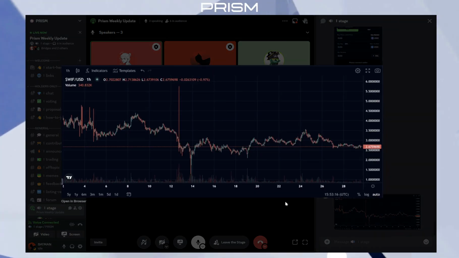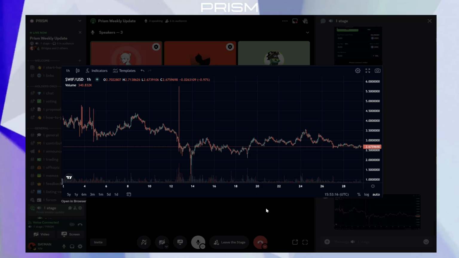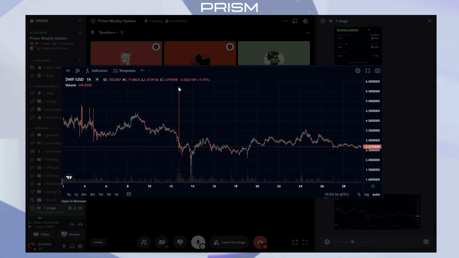If you open the chart that I just pasted, you can see that on about the 12th of April, there was a big wick on Whiff. Someone sold Whiff for $5.5 when the price was actually $2.6, okay? So that's a pretty big wick.